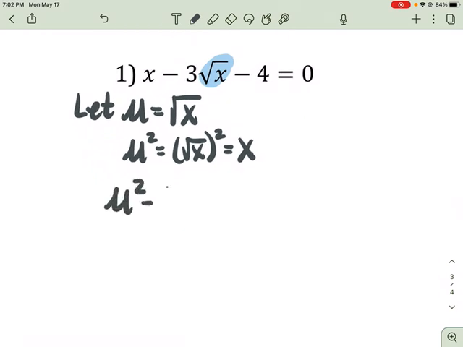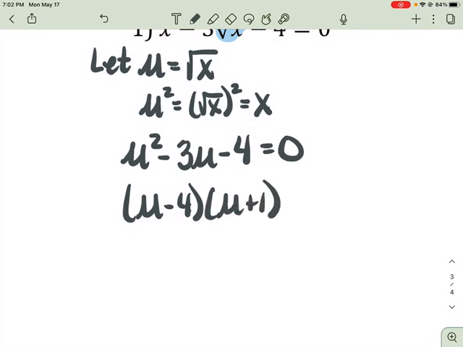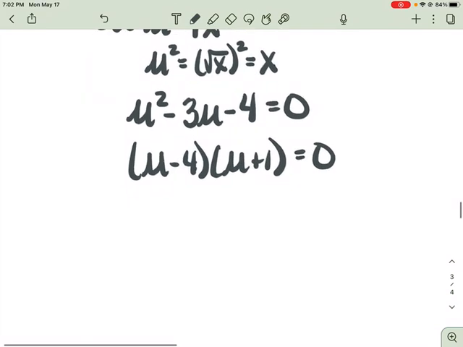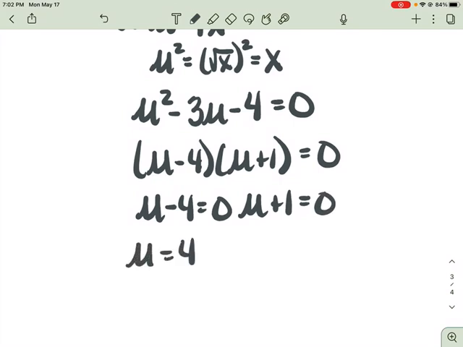So u squared minus 3u minus 4 is equal to 0. We're going to factor. Again, use your factoring techniques: factors of -4 that add up to -3 are -4 and +1. So (u minus 4)(u plus 1) is equal to 0. Set both equal to 0 and solve.